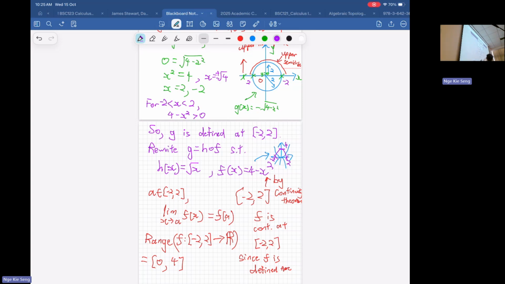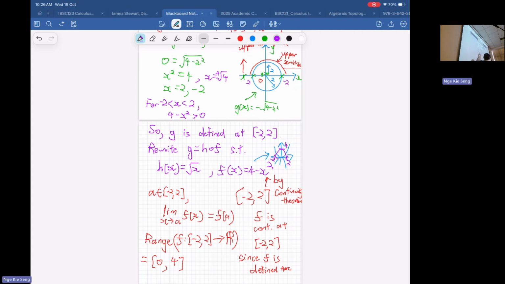Anything in between -2 and 2 is from 0 up to the highest point of this graph, which happens at the middle of this domain, which is 0. So now the range is this. So the limit of f(x) can reach this range here.